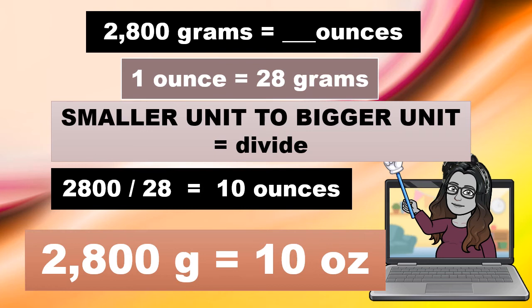Grams is smaller than ounces. So you will need to divide. So let us have it. 2,800 divided by 28 is equal to 10 ounces. So our final answer, 2,800 grams is equivalent to 10 ounces.